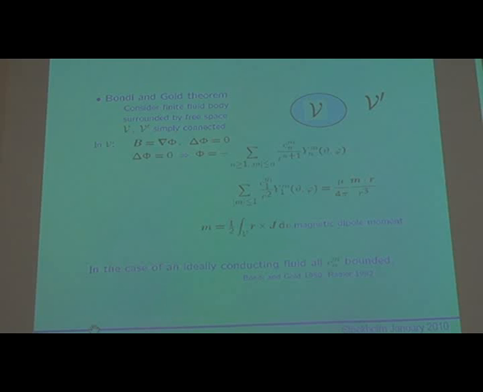The idea is, consider a surface at the surface of this body here. Then the flux which goes out, also the number of field lines, doesn't change in time.